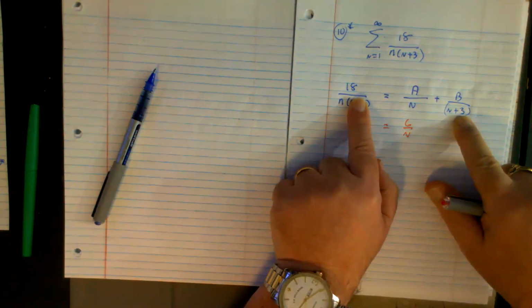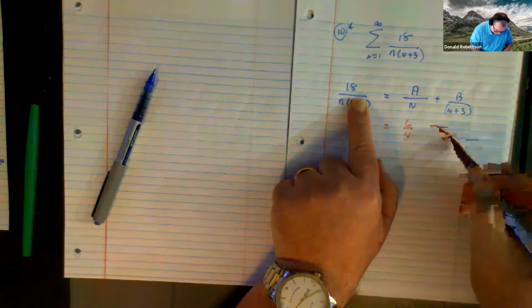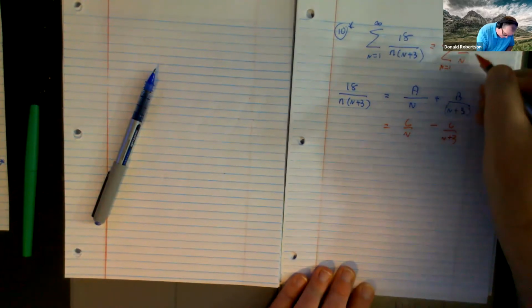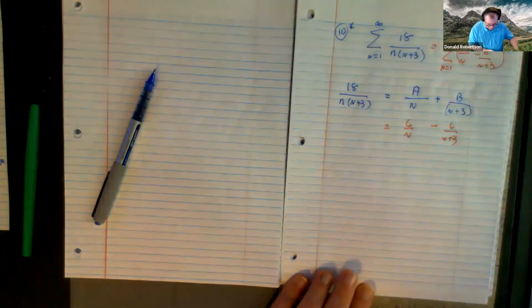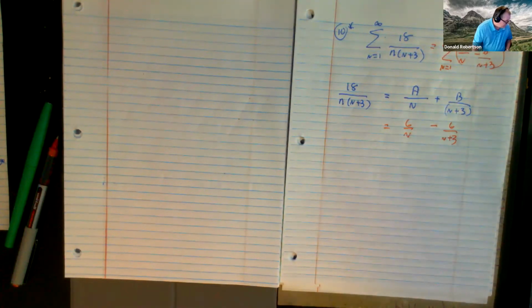And 18 over -3 is -6 over n+3. There you go. You now have a telescoping series, and that'll converge to something, and you'll find out what. Are we good with that one?